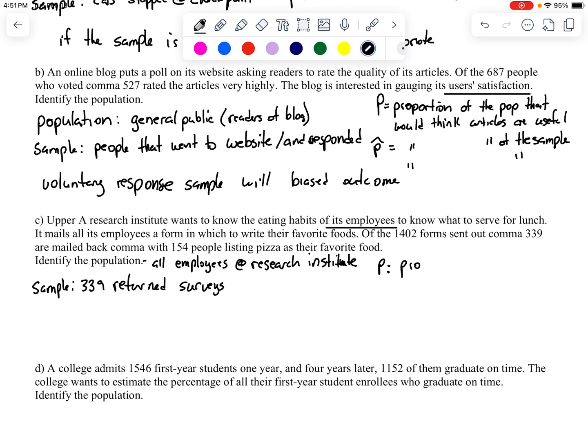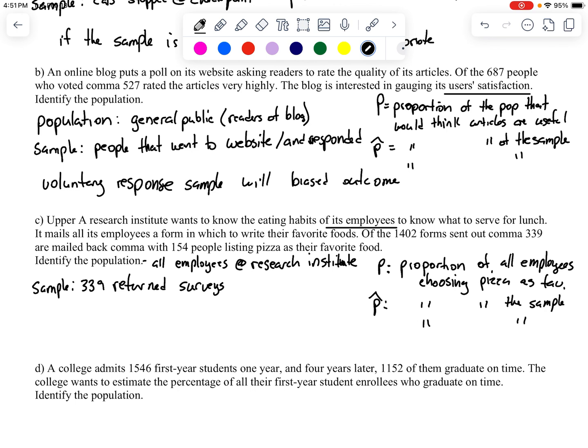The population parameter, or P, is going to be the proportion of all employees choosing pizza as favorite food, whereas P hat will be the proportion of the sample choosing pizza as favorite food.